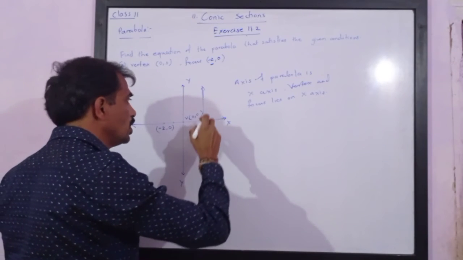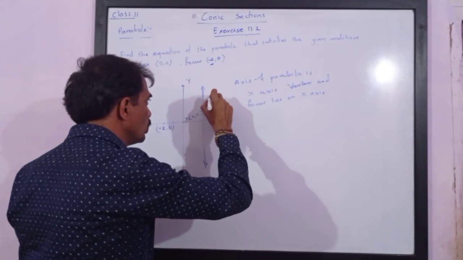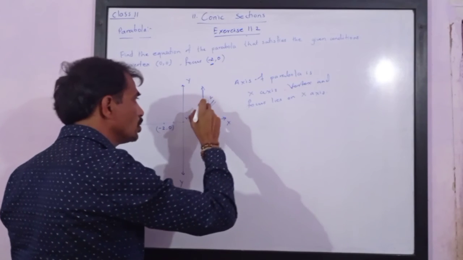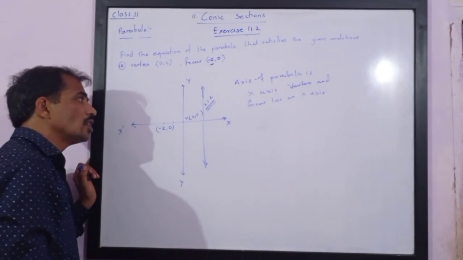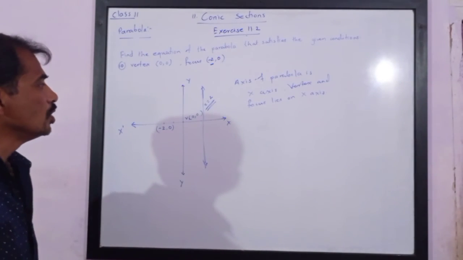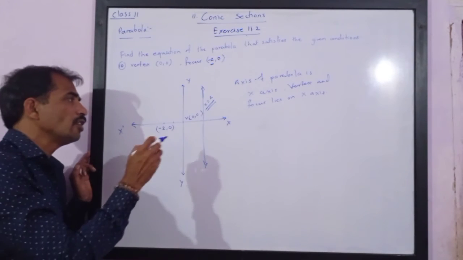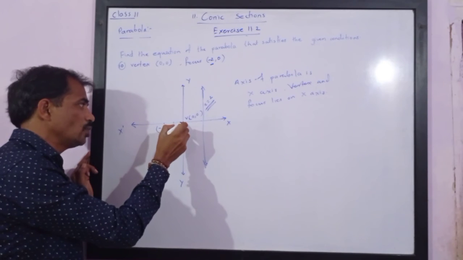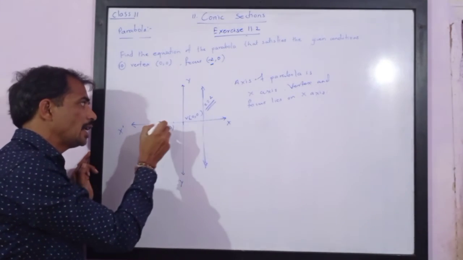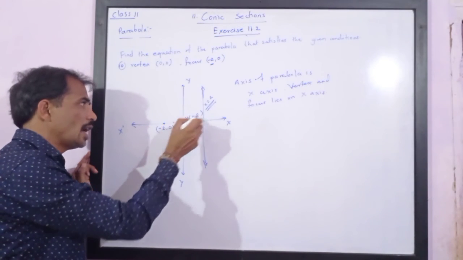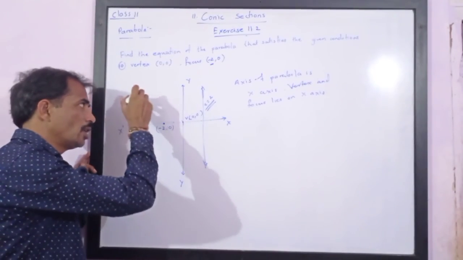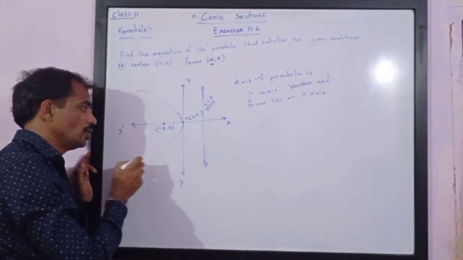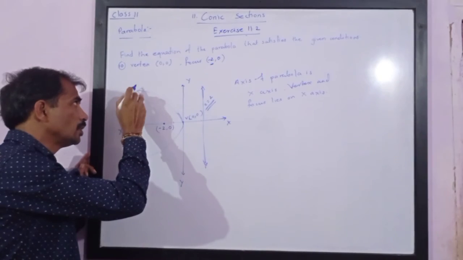So the equation of this will be x equals 2. The equation of the directrix is x equals 2. Now we have defined the parabola. The parabola is a curve which is the set of all the points which are equidistant from the directrix and the focus. So focus is here and directrix is here.